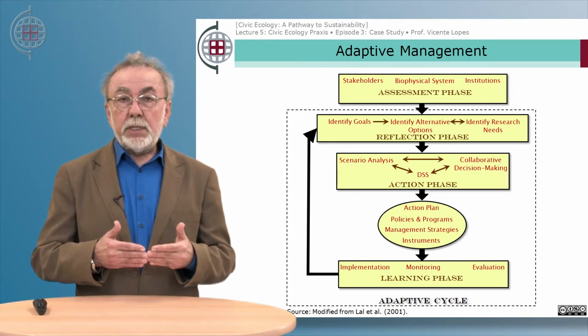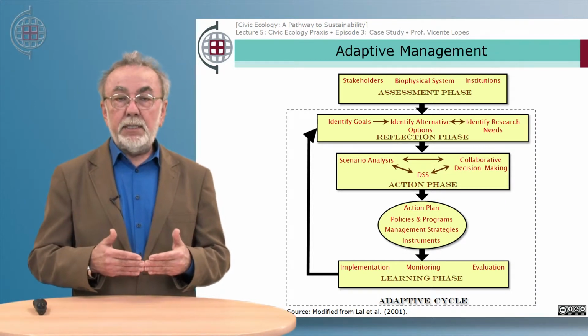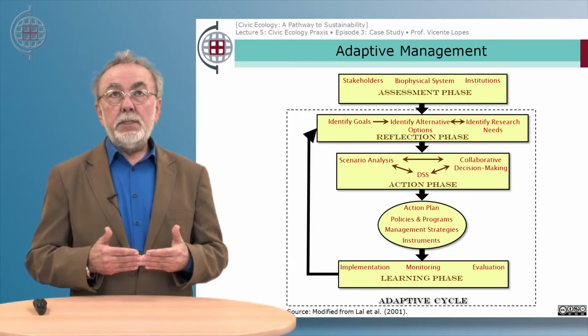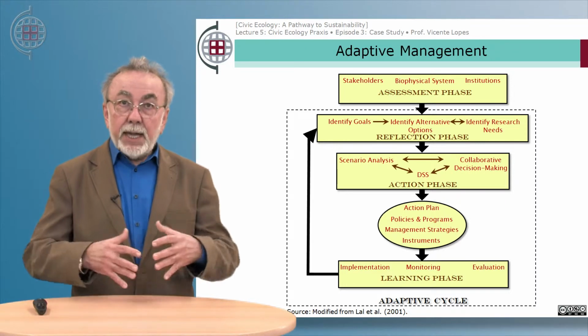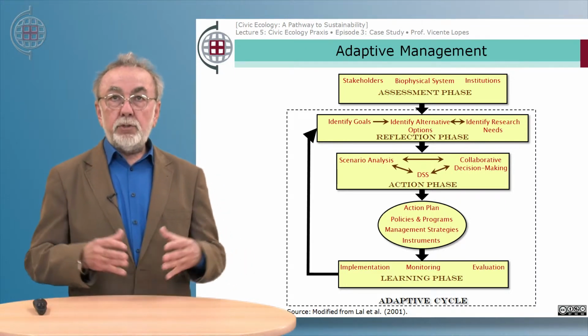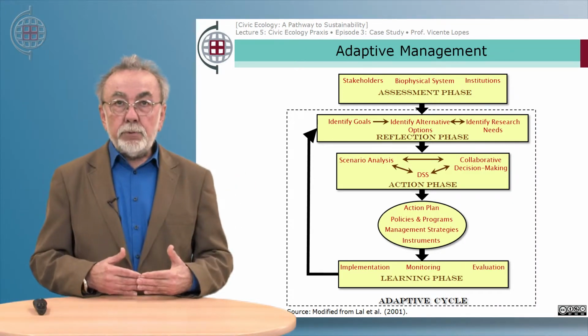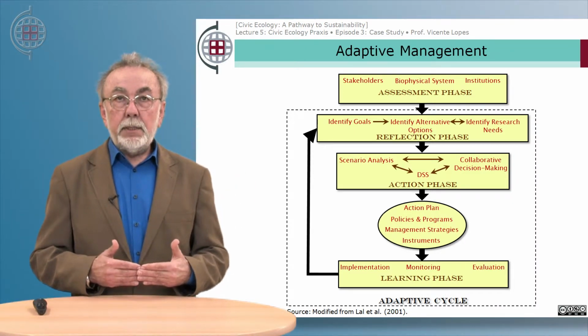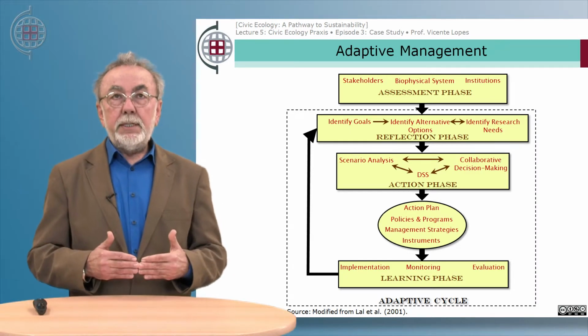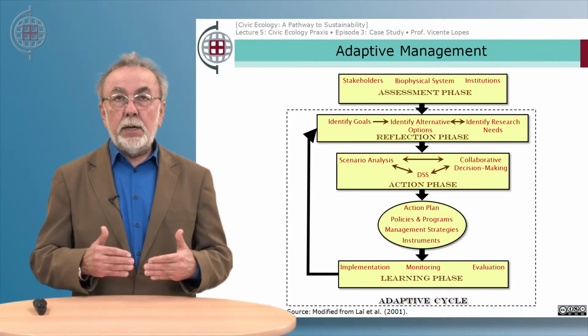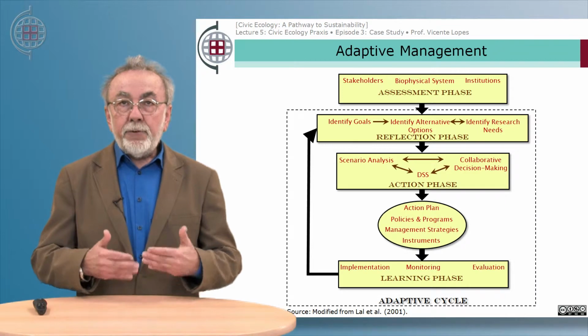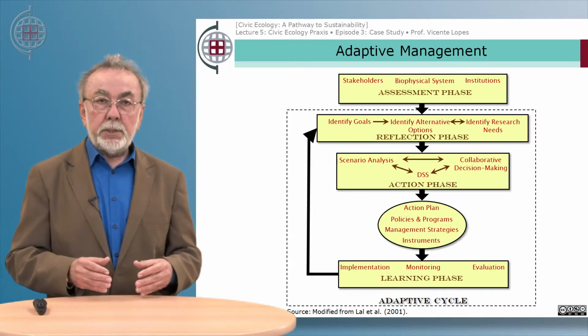I want to mention here that in this assessment phase, the work is done essentially by the experts, because the goal here is to put together all the available information and bring it to the decision makers, to the stakeholders, in a way that they can educate themselves and be better informed about the issues of their concern.